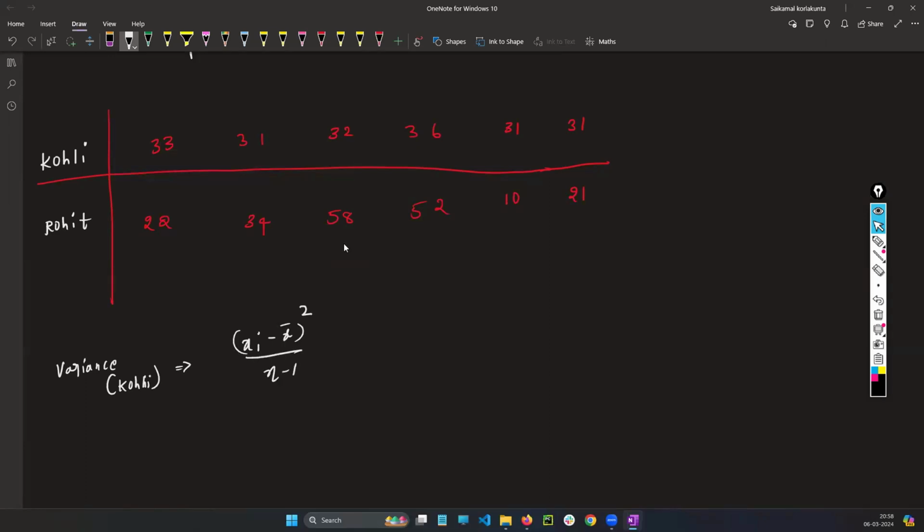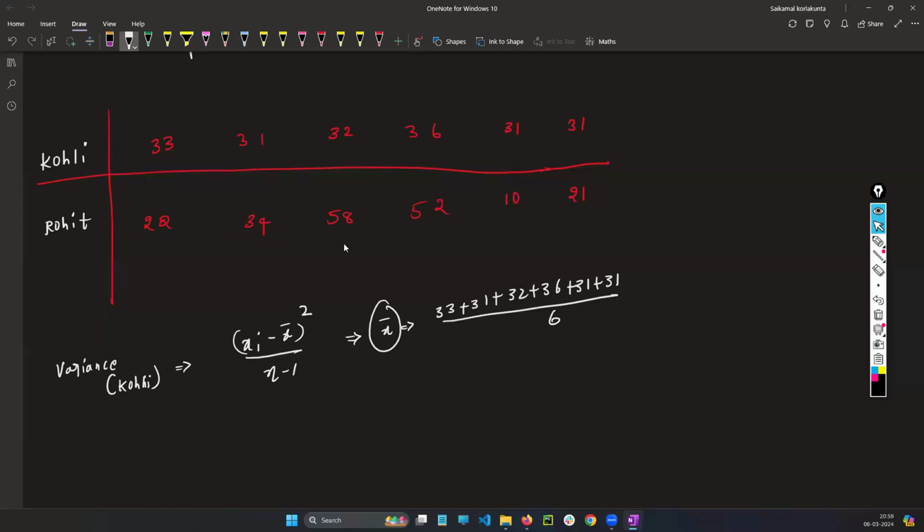First you need to find x bar, which means the mean. How do you find the mean? Add everything: 33 plus 31 plus 32 plus 36 plus 31 plus 31, divided by 6. What will you get?